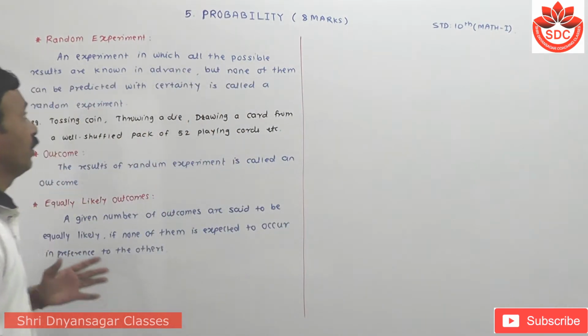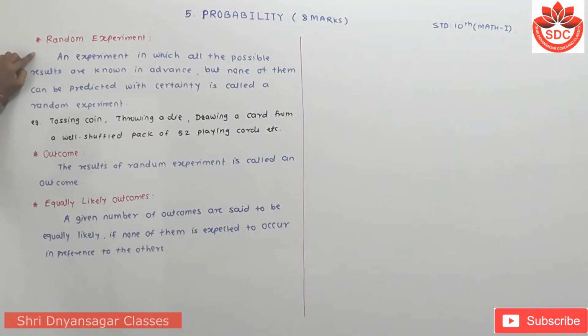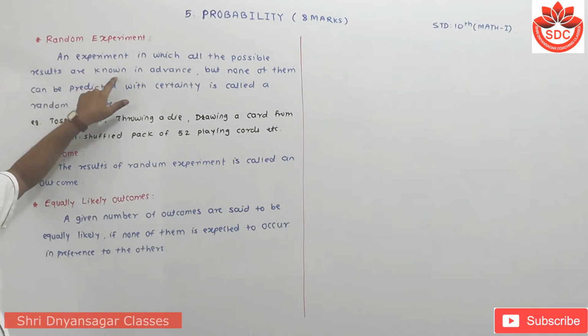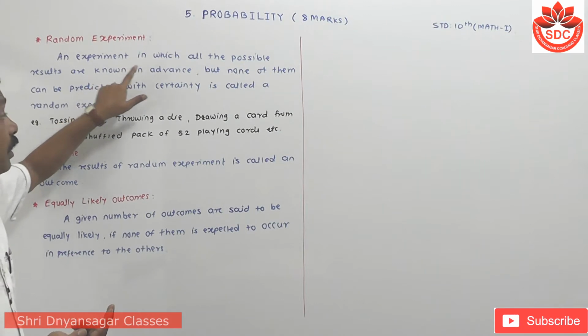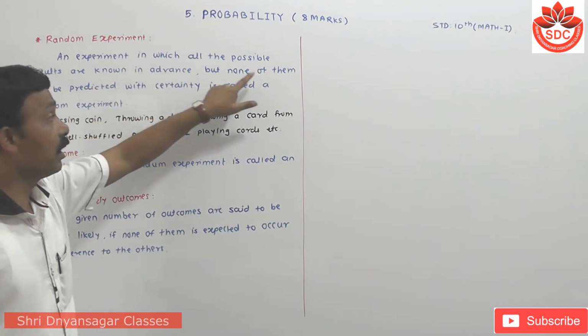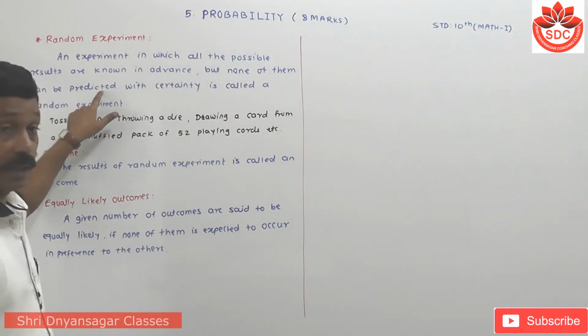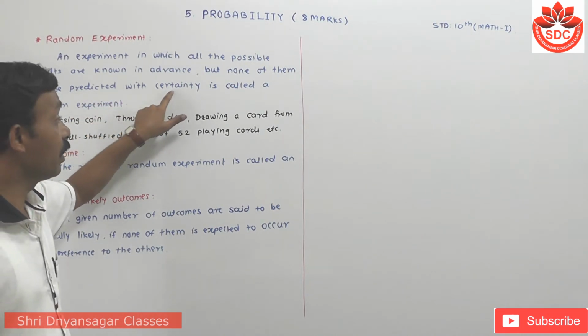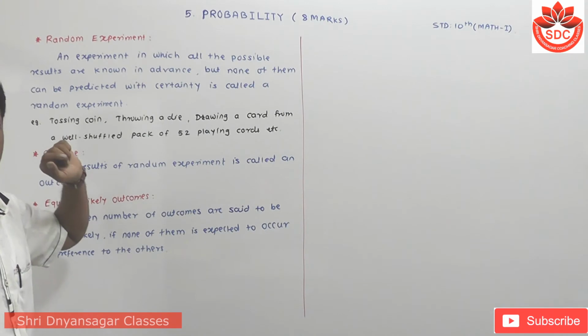Random experiment, in Marathi we call it यादृच्छिक क्रिया, म्हणजे जी न बघता केलेली क्रिया. It means an experiment in which all the possible results are known. We know all the possible results in advance, but none of them can be predicted. पण आपल्याला त्याचा रिझल्ट माहित नसतो. With uncertainty, it is called a random experiment.